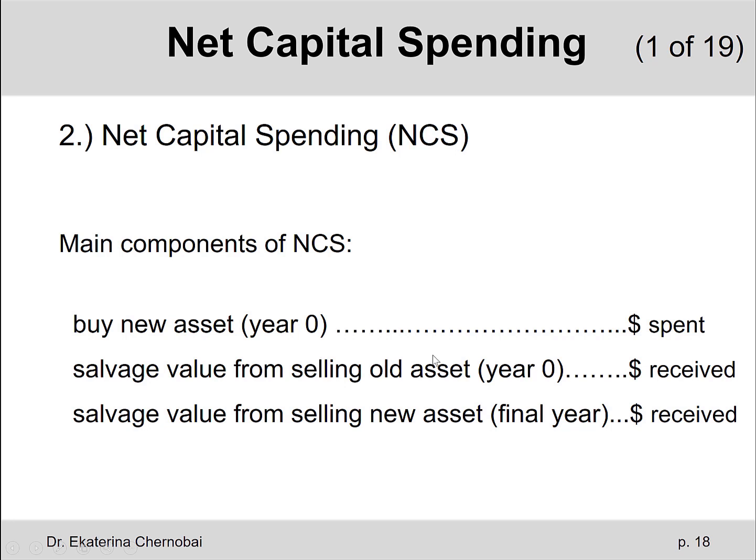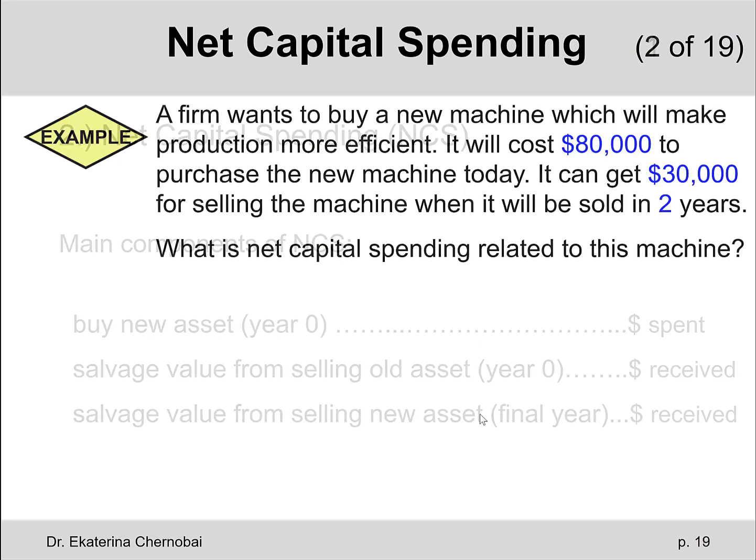And then in this case, because we receive money from selling some old asset, and we spend money to buy a new asset, we need to only consider the difference. What is the net amount of money that would be spent in year zero? From these three, we will only be considering the first and the last one. So both are related to buying the same fixed asset and then selling it when the project ends.